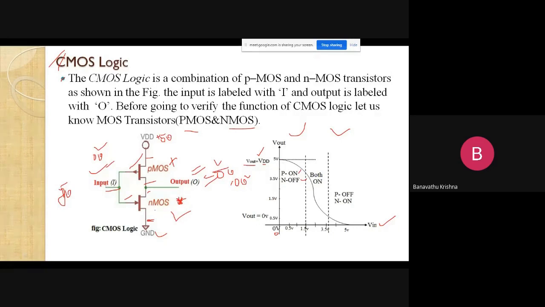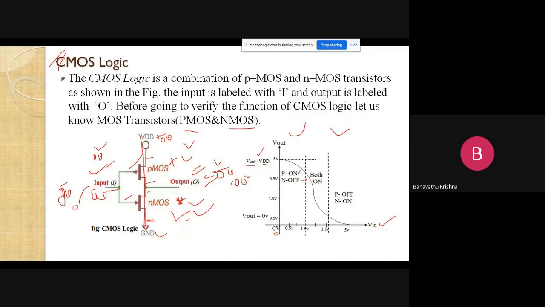Again, the input voltage slowly increases from 0 to 5 volts. At a certain point both are on, meaning partially on and partially off. Then a path from VDD to VSS is formed.